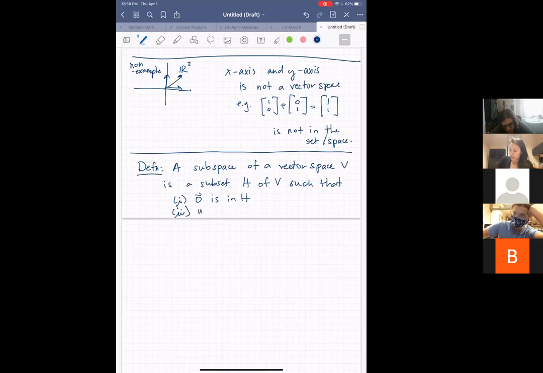So if we were to take u and v in H, then u plus v is also in H. And if u is in H and c is a real number, then c times u is in H. So it's also closed under scalar multiplication. Okay.